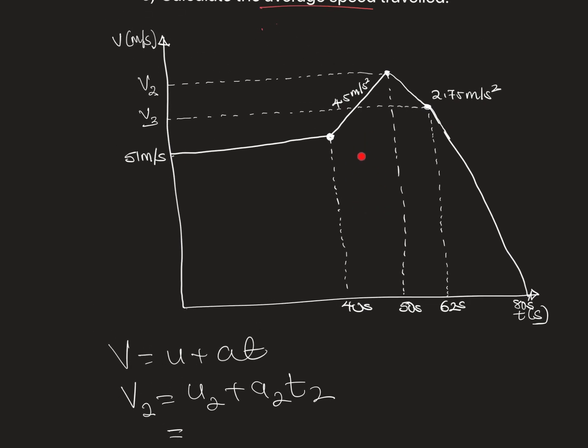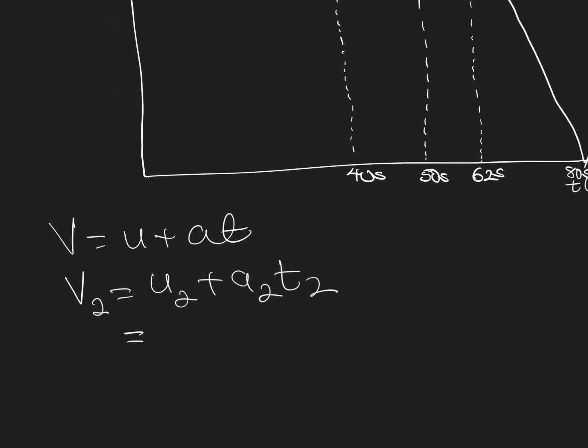This area is the second event, so it was an event of acceleration. The initial velocity will be here, the final velocity will be here. The initial velocity will be 51 meters per second. So we'll have 51 plus the acceleration, which is 4.5, multiplied by the duration of the second event, which is 10 seconds.